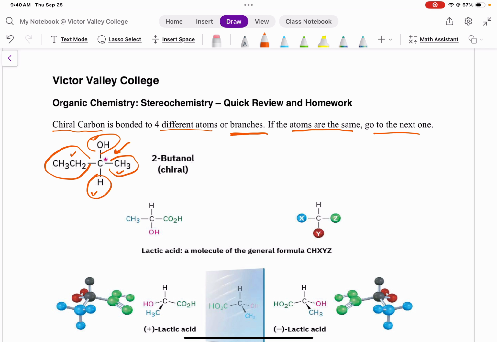Here's another example. Chiral. All right. So you can see right here, four different things bonded to it.